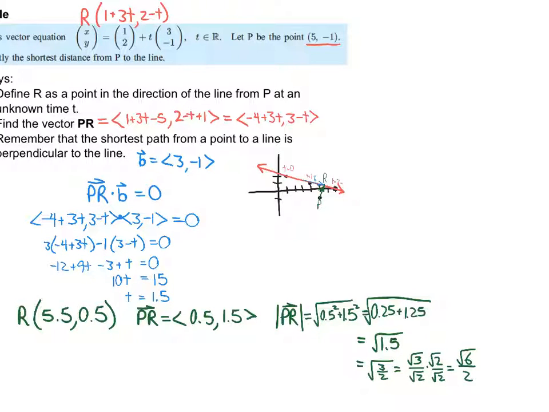That would be the exact value. So the distance of the line is just radical 1.5, the square root of 1.5, which is square root of 6 over 2. Okay? So there's our answer.